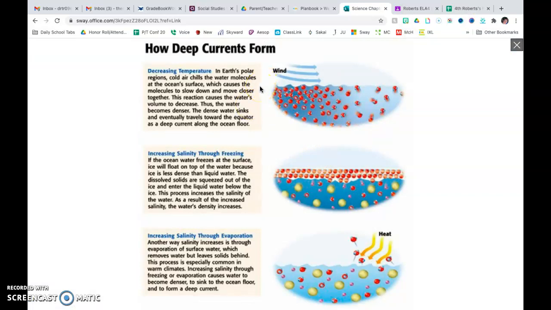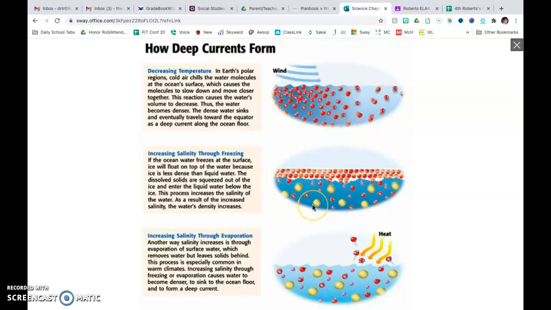In Earth's polar regions, cold air chills the water molecules at the ocean surface, which, as we know, causes those water molecules to slow down and to move closer together. This reaction causes the water's volume to decrease. Thus, the water becomes denser. The dense water sinks and eventually travels toward the equator as a deep current along the ocean floor.